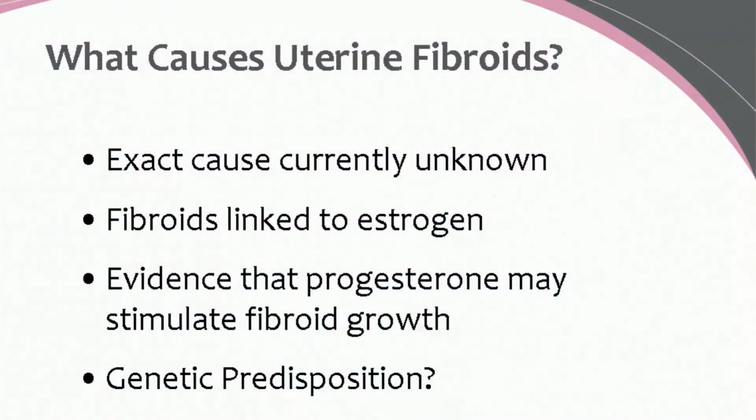So what is their cause? Truthfully, we don't know exactly what the cause is. We know what makes it worse, and that is your hormones. Anybody in the premenopausal state produces estrogen and progesterone, and the surge of these hormones causes the fibroids to grow.